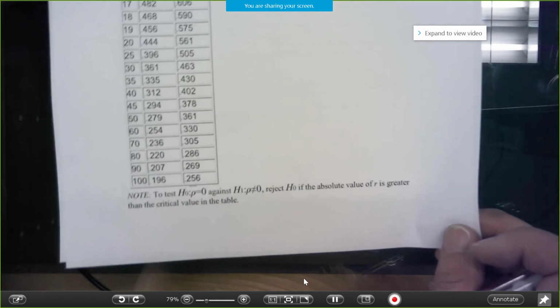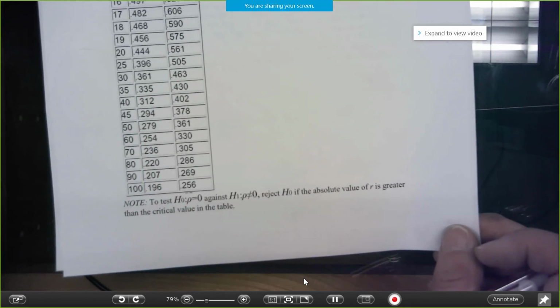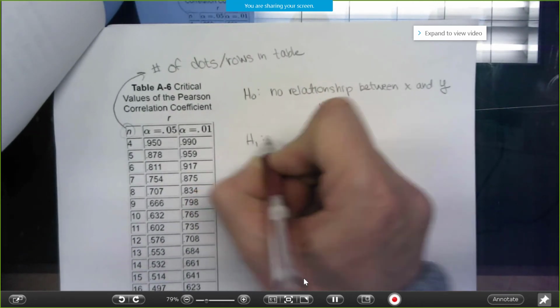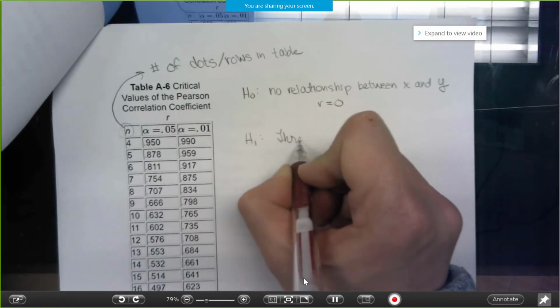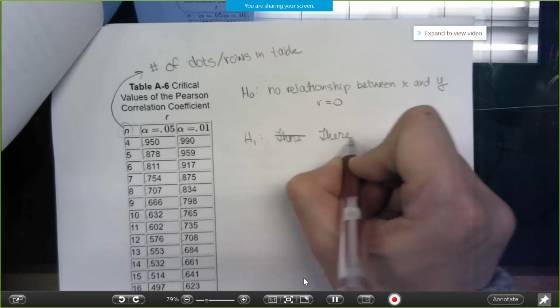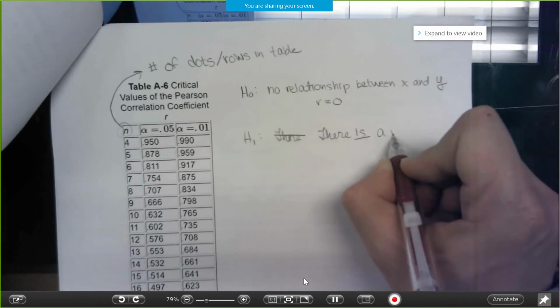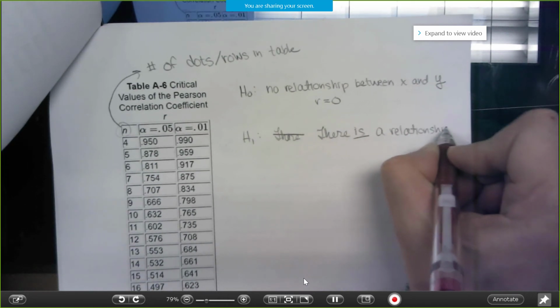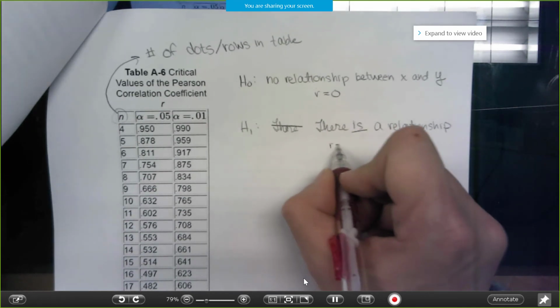But it's a rho, which is the Greek letter equivalent of R. And then H1 would just be, there is a relationship, which means R is not 0.